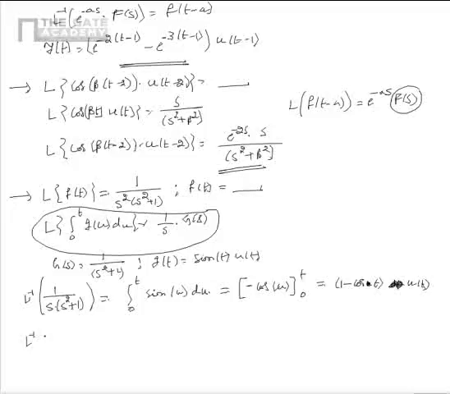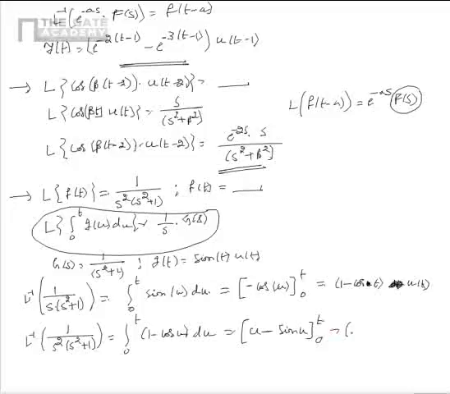Similarly, we can show that L inverse of 1 by s square into s square plus 1 is equal to integral 0 to t of 1 minus cos u du. This is using the given identity itself. This can further be simplified as u minus sin u with limits being t to 0.